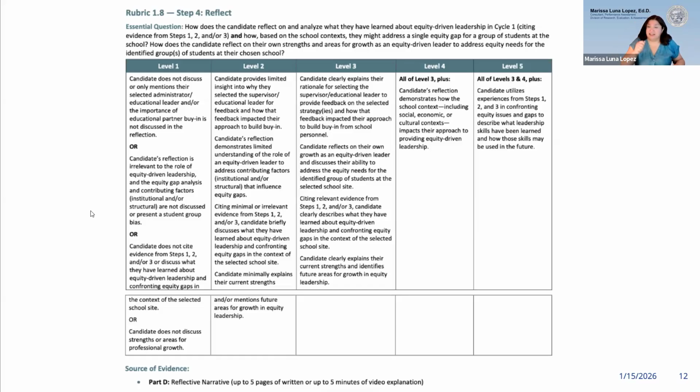So anything you can do to help break these constructs down, talk about what they look like in real life and in your context. Every one of you is in a different part of the state, a different district. If you're able to help candidates see that in their life, what's more culturally responsive than that?